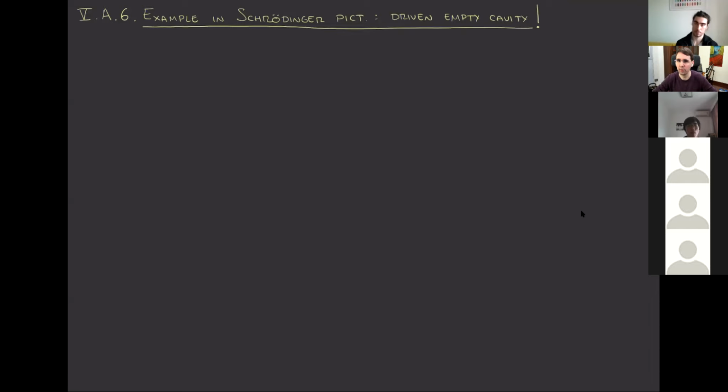So I will just show you the first part that we need for this example, because the first thing that we will do is move to a new picture. So I will show you how to move to this new picture in the master equation formalism. Let me start by explaining how to change pictures in a master equation.